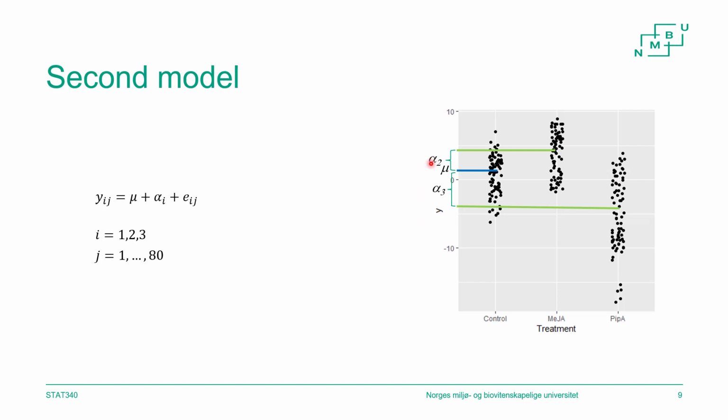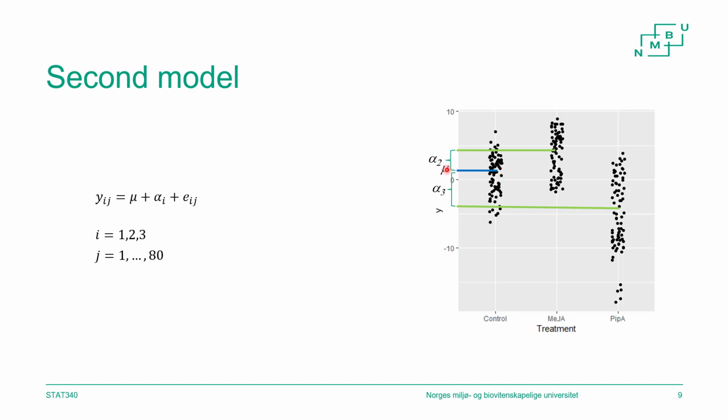And notice there is no alpha 1, because when we have one of the treatments as a reference, then alpha 1 is by definition 0, because now mu is the expected value at the reference, right? So alpha 1 is 0.